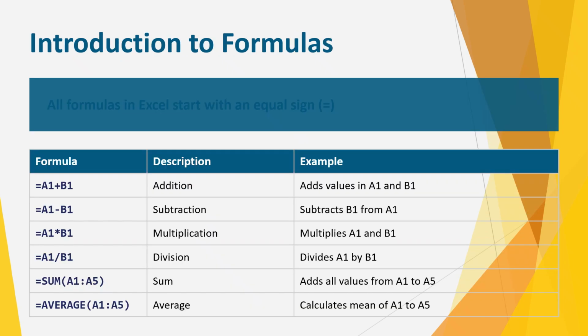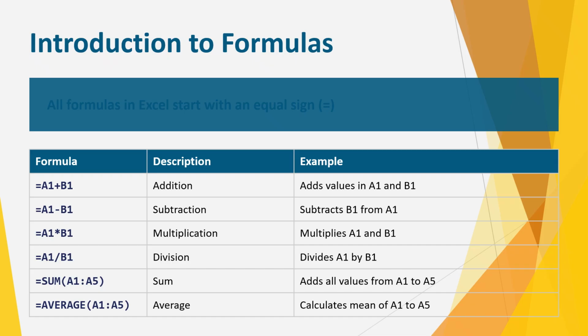Now, introduction to formula. All formulas in Excel start with equals to. That is to call that function to be activated. For the formula bar to be activated, you must type equals to, to make it ready for activation. For example, I want to add two numbers.